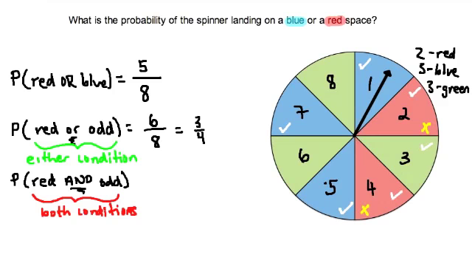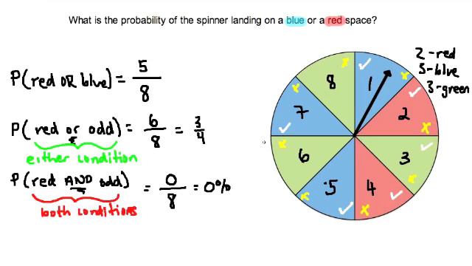And likewise, all of these other spaces, none of them are red, so they are not favorable outcomes either. So when we go around the entire spinner, what we find is that of those 8 total outcomes, none of them are favorable. None of them would allow us to meet both of those conditions. So the probability of landing on a red and an odd space is 0%.